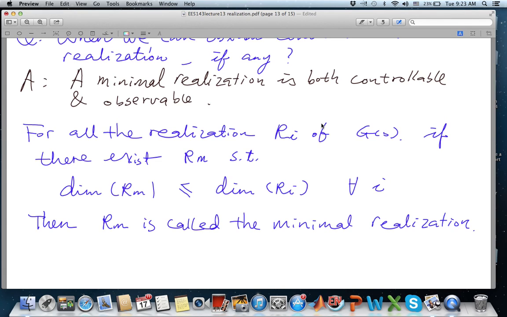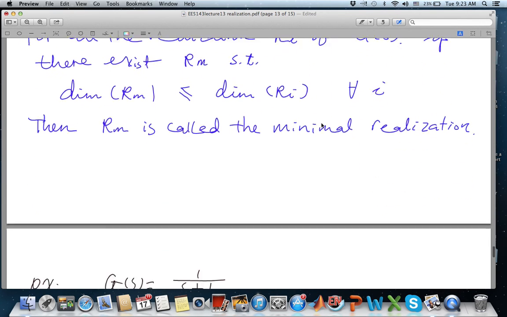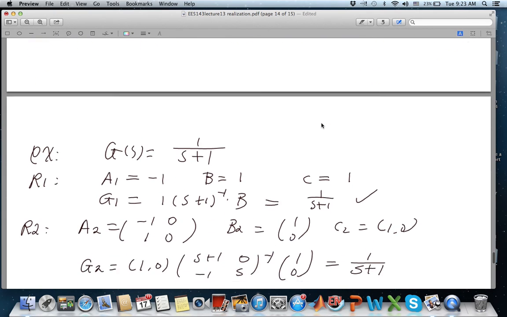So we are really looking at the dimension of the realization, which is majorly determined by your A matrix.